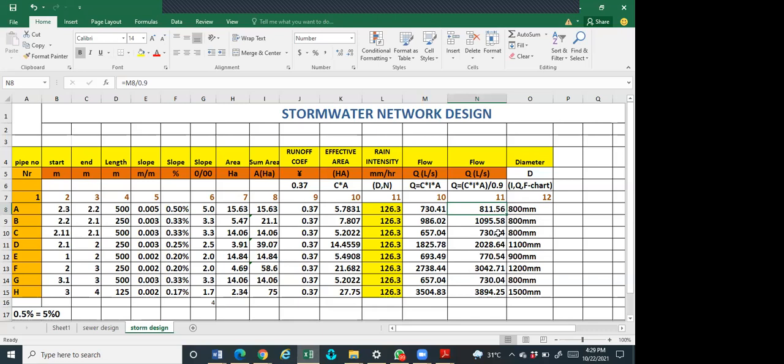Then let me go to the third one, 730. Common sense will tell you that anything that's less than 800 should fall into 800. So 730 now, I'll go to the chart again.